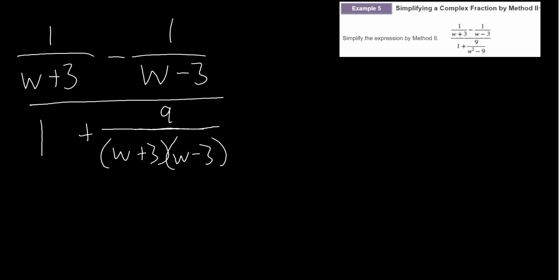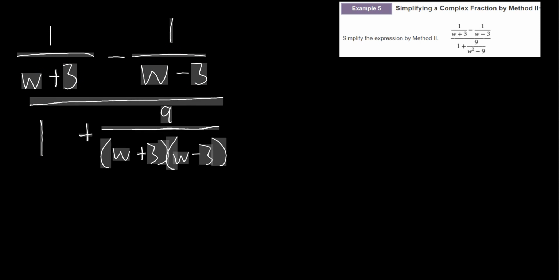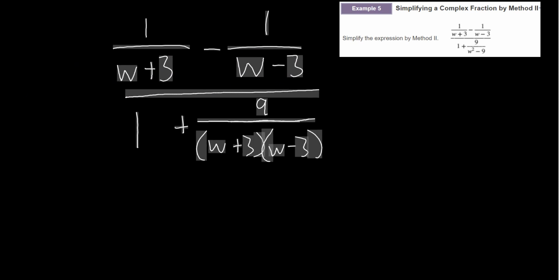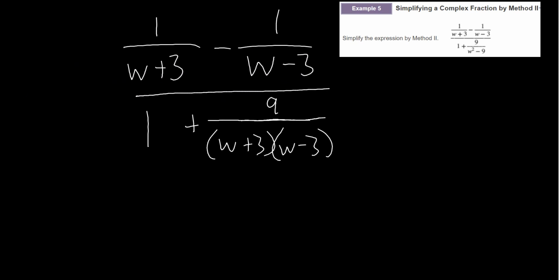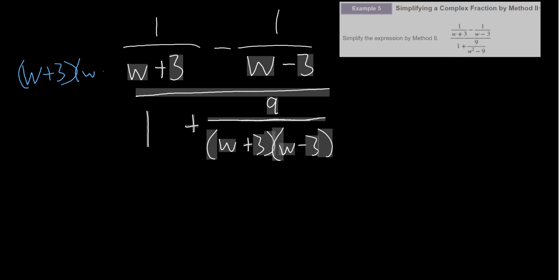So let's do this. Let's move this over to the right here, because I also like to put what I'm multiplying by over here to the left. So W plus 3, W minus 3. We're running so much out of room. Let's try this again. Let's move it just a tad more to the right.